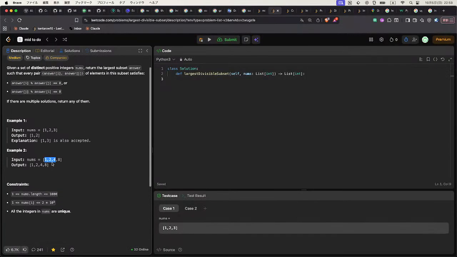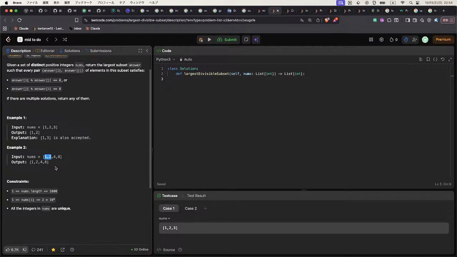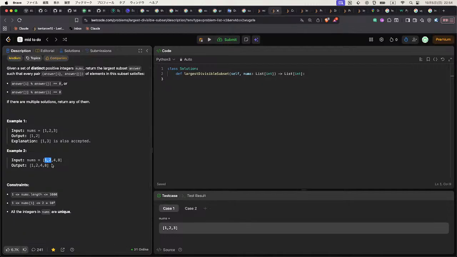But I feel like bottom up solutions would be nice in this case, because we solve these problems, and it has one and two, but the largest divide... lowest, sorry. So in this case, let's assume we already solved this problem, 1 and 2.